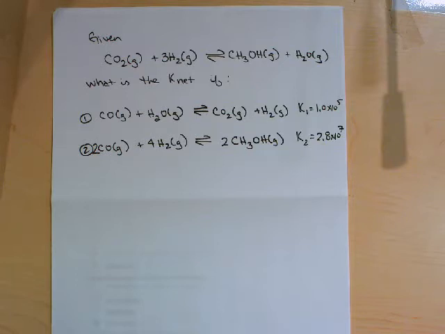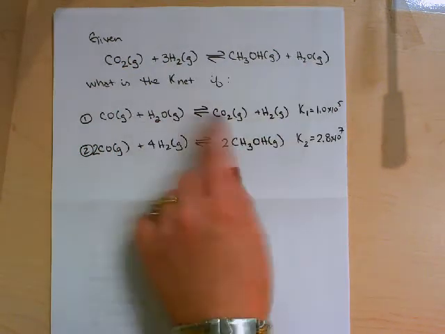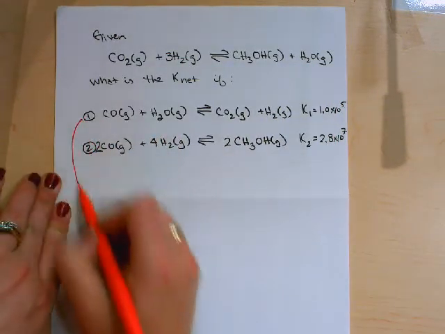Alright, so looking at equation 1, are the products and the reactants on the correct side? No. What do I need to do to equation 1 to make it work? Right, flip it over, because I want water as a product, and I want carbon dioxide as a reactant. So I have to flip equation 1 over.